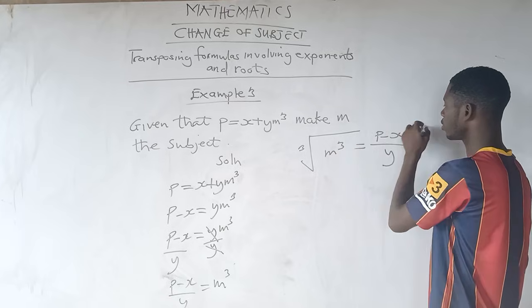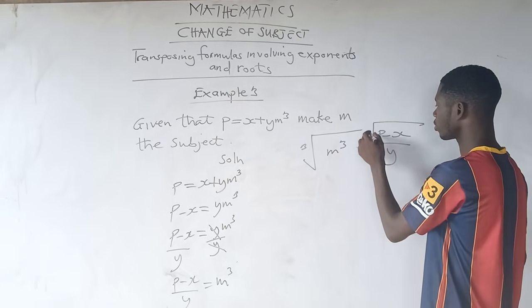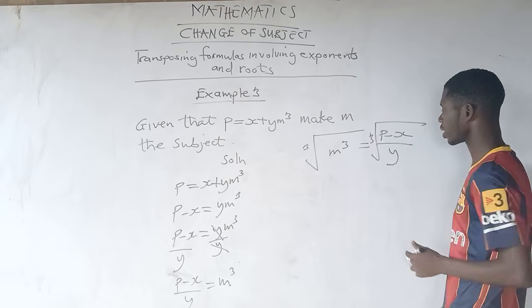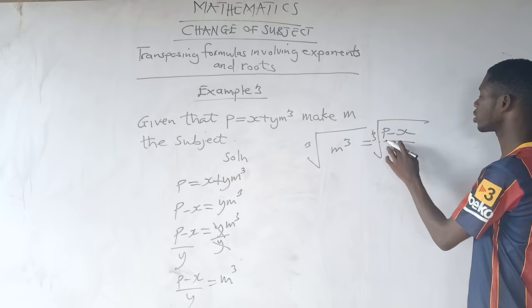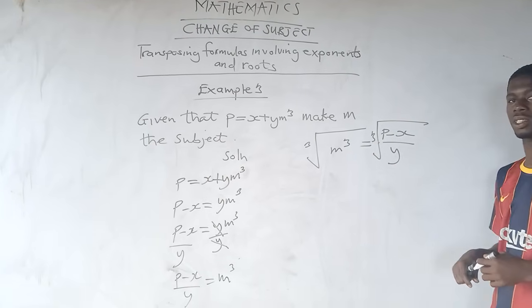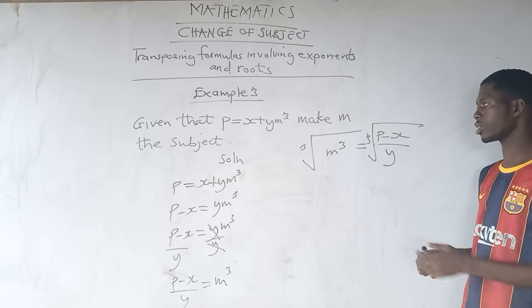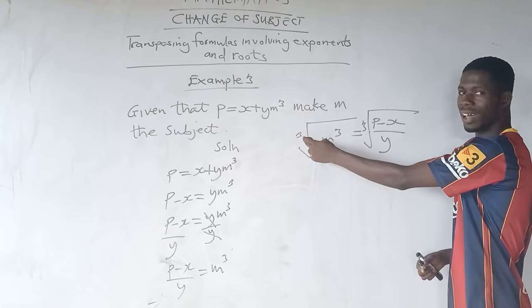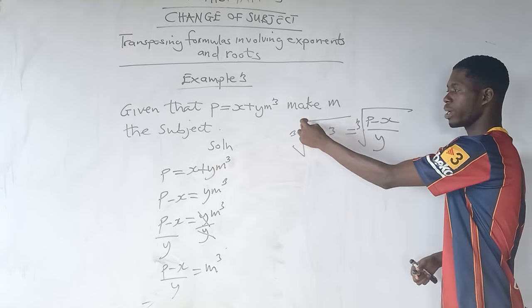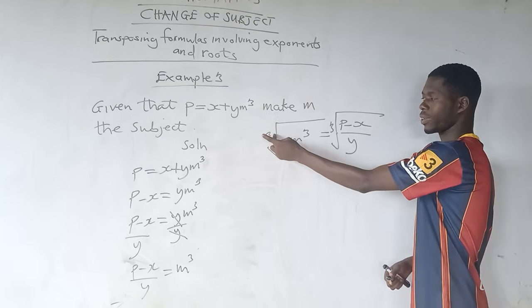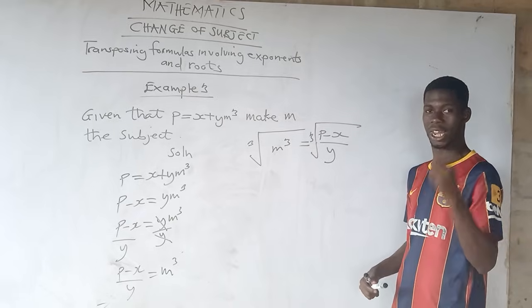You cube root both sides of the equation. This is not square root. You have 3 here, right? Small 3 is here. So you bring the root sign, then you put a small 3 here. That's cube root.